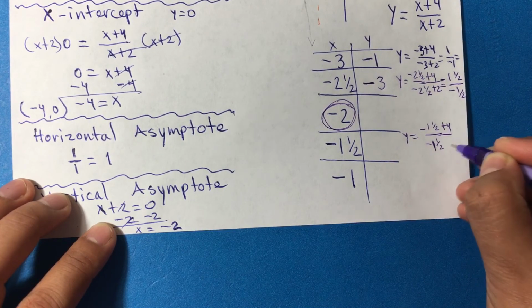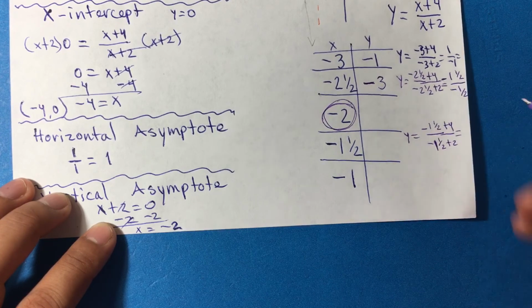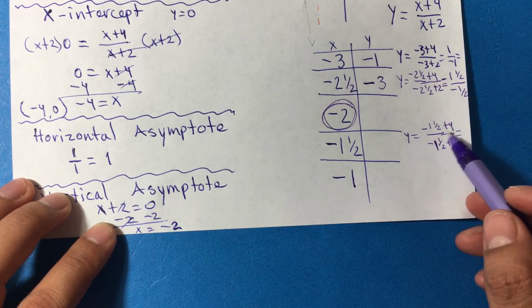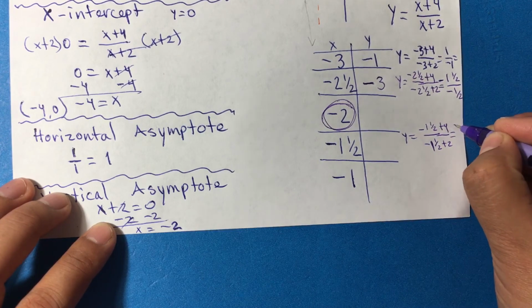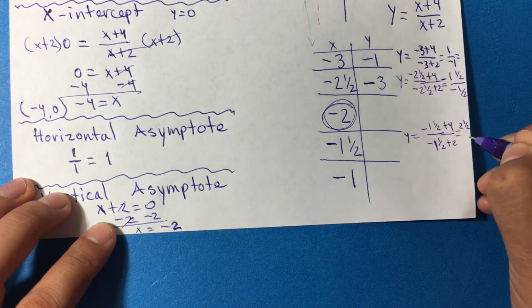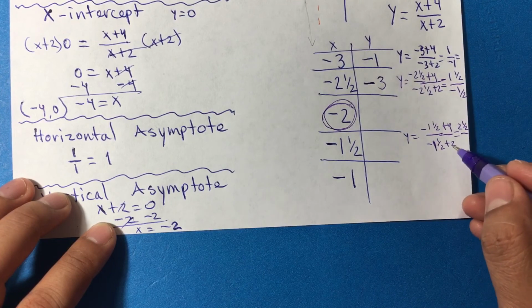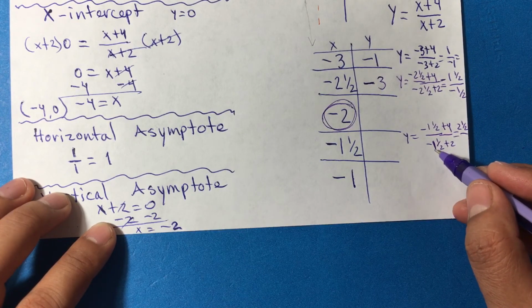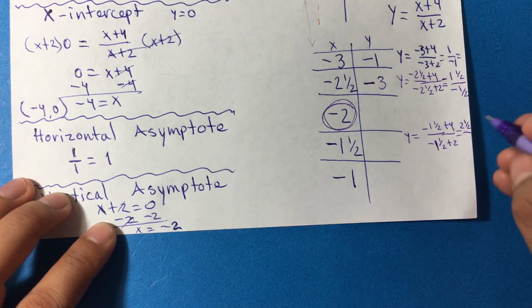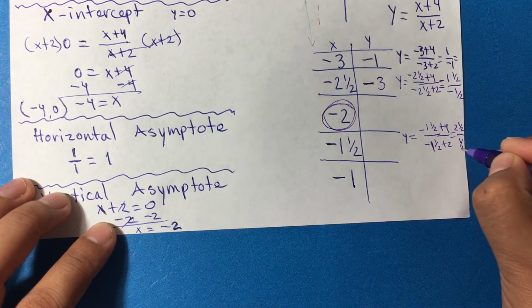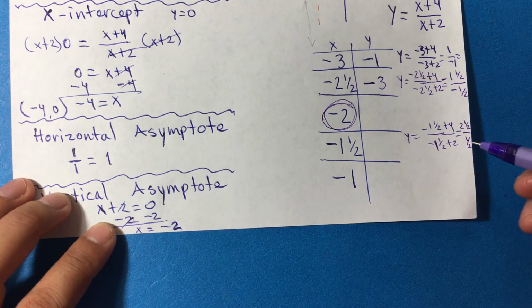For the next one, you have y equals -1 and 1/2 plus 4, divided by -1 and 1/2 plus 2. If I have 4 and I take away 1.5, I end up with 2.5. Then in the denominator I have 2, but then I take away 1.5, so it's going to be 1/2. How many halves go into 2.5?